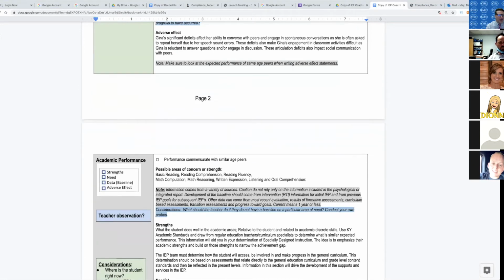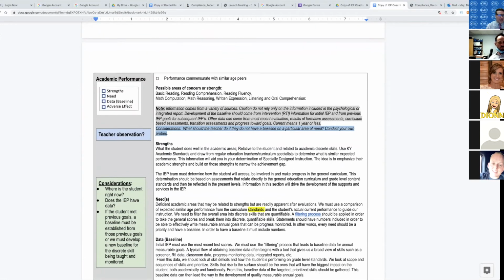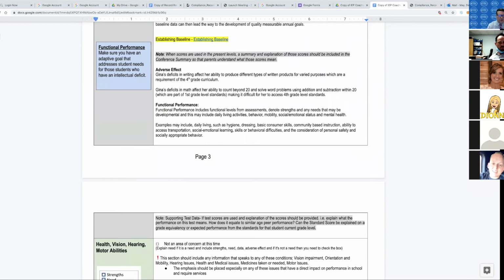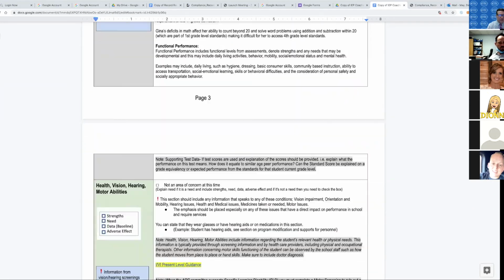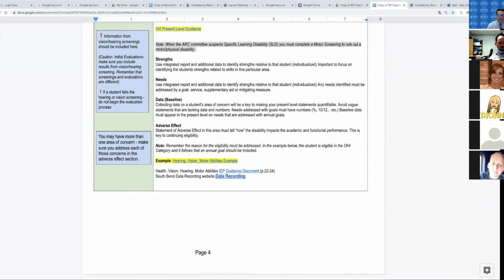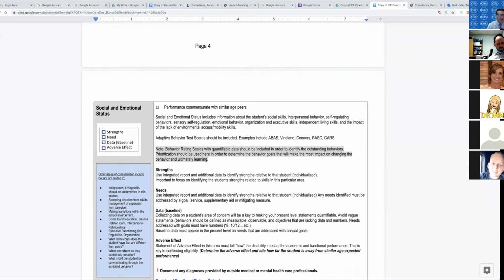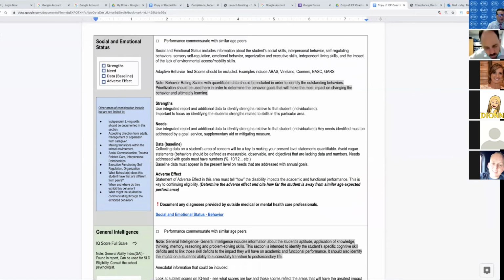Okay. Now we realize too that academic performance section, the health section, I'll just kind of scroll down there and show you that. Those sections, as well as the social emotional section, differ from the general intelligence and the transition present levels.